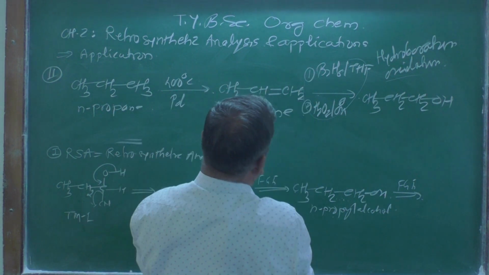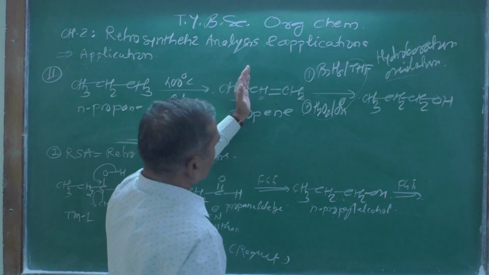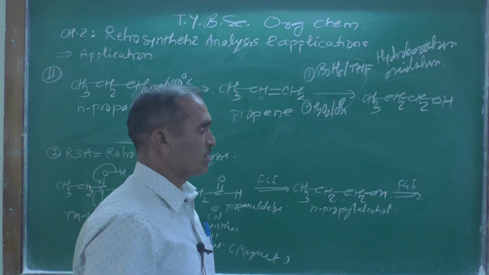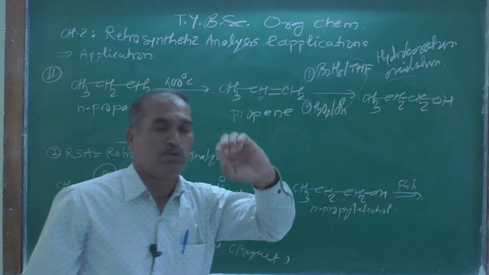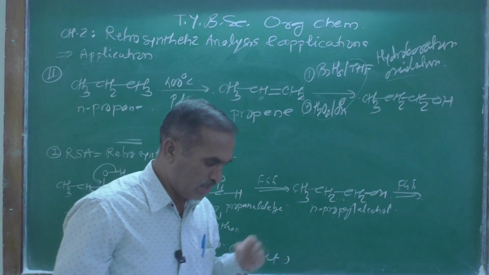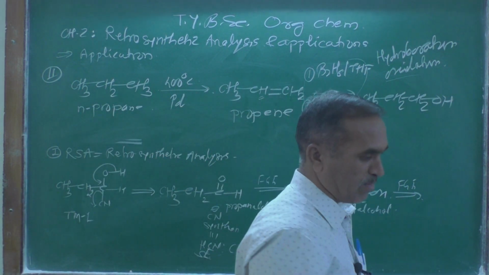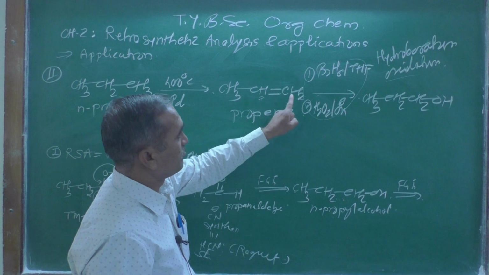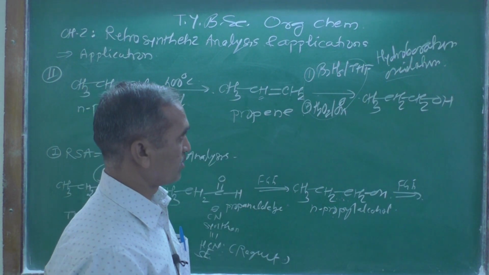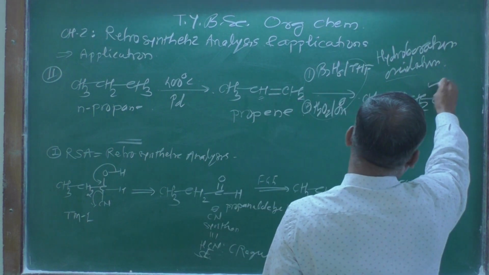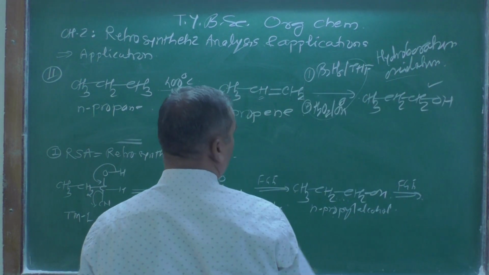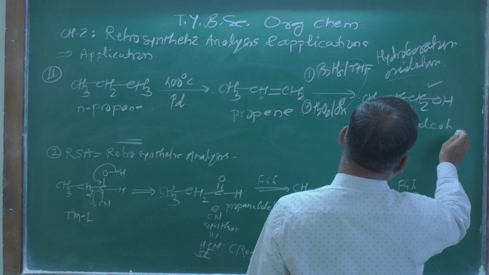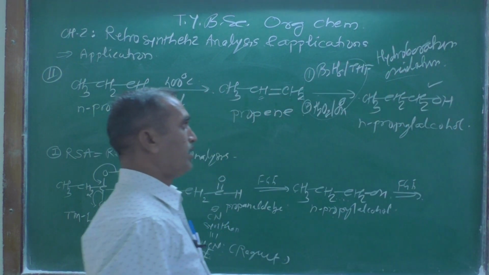If you observe this alkene, this carbon atom carries one hydrogen atom, but the terminal carbon carries two hydrogen atoms. Therefore the negative part, OH minus, should attach to the carbon atom which carries more hydrogen atoms, and therefore we got this type of product. This is n-propyl alcohol, right?